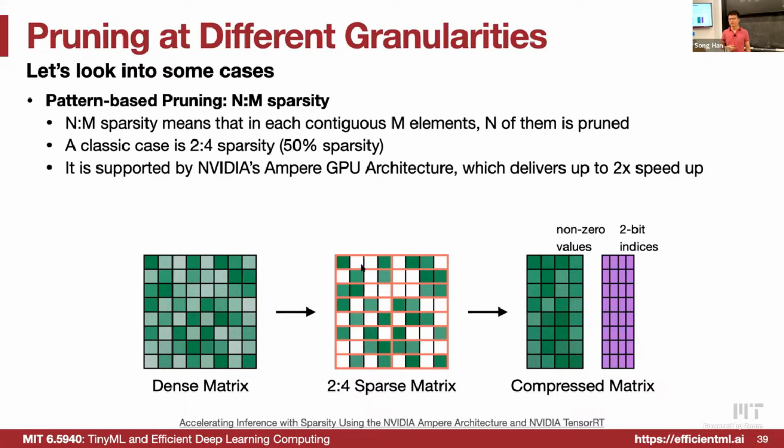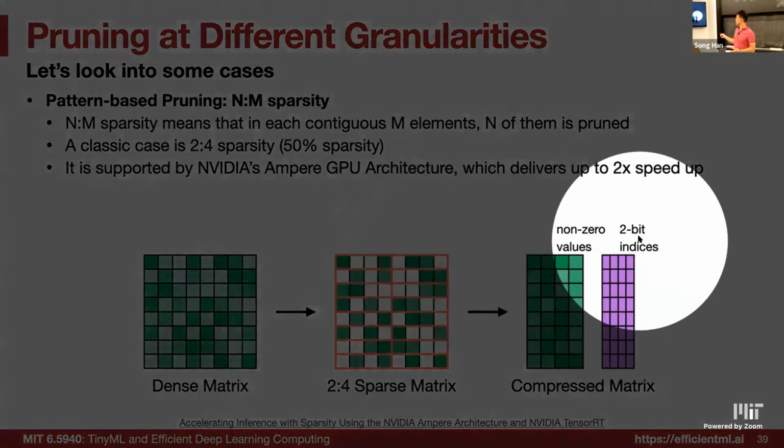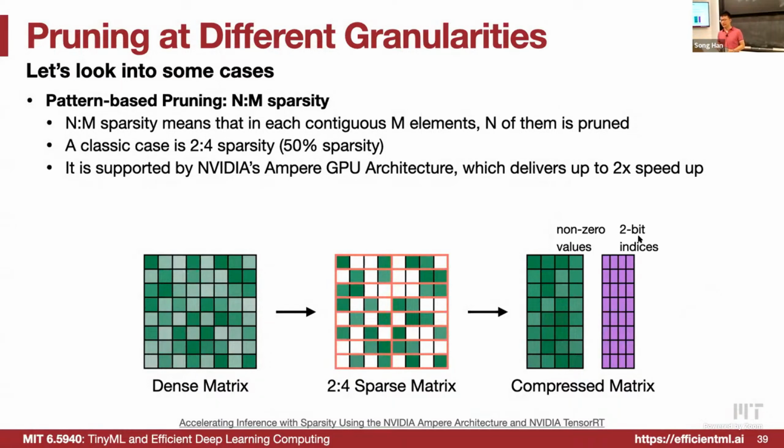So it's 50% sparsity. And how many bits do you need to indicate the location of the non-zero or the 0 element? You have 4 choices, therefore you need 2 bits to indicate where the 0s are. So that is the metadata, the overhead you have to store. You have to store 2 bits for the index.